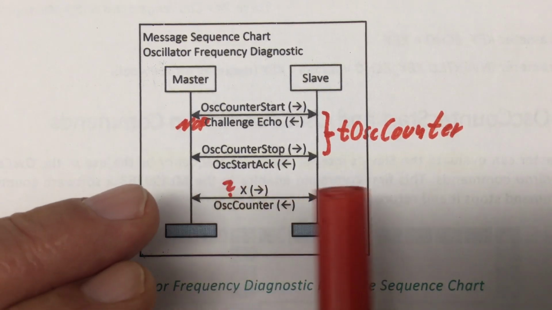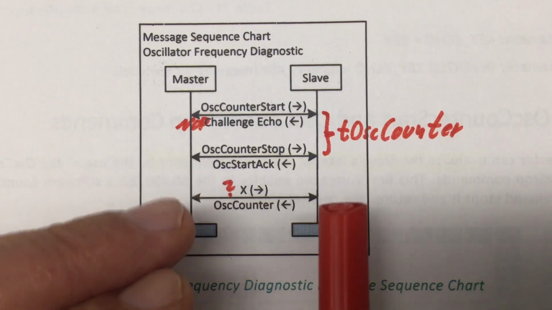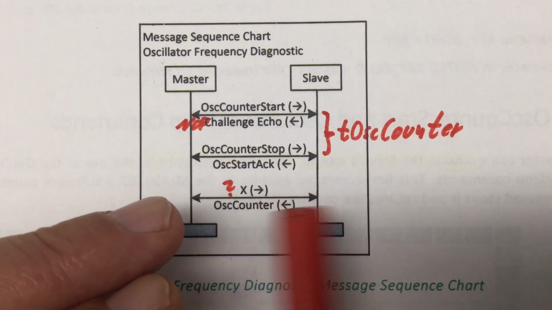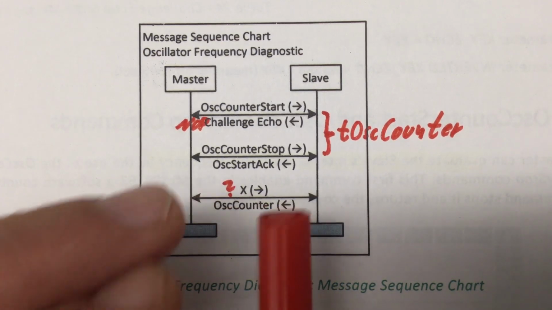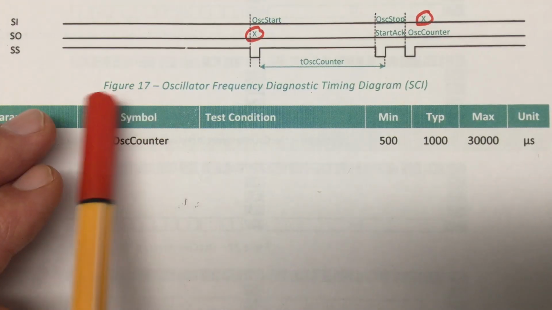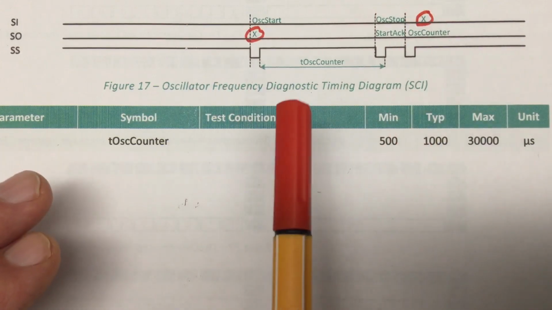Finally, the master can send over any message and gets back the oscillator counter stop MISO message from the slave, which finally contains an oscillator counter. Figure 17 shows you a timing diagram of the whole sequence.